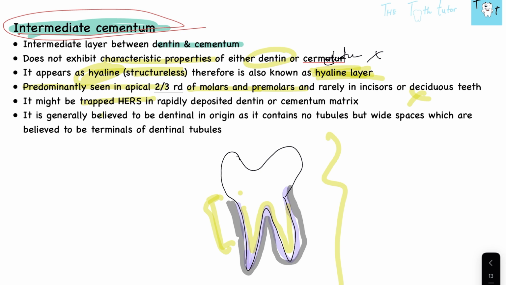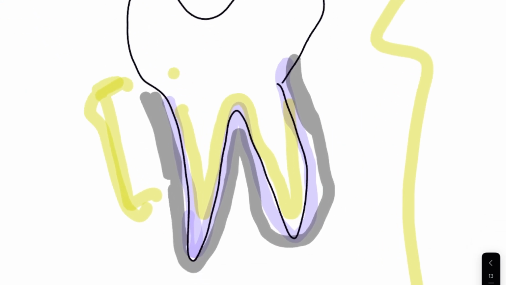It is generally believed to be of dentinal origin, as it contains no tubules but wide spaces which are believed to be terminal ends of dentinal tubules. If you remember the structure of dentine, there are tubules going like this.